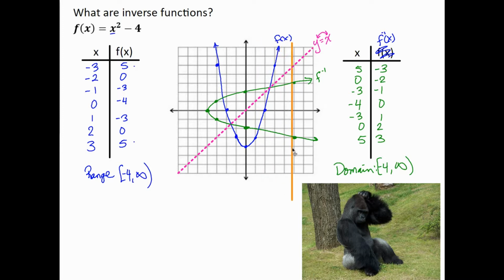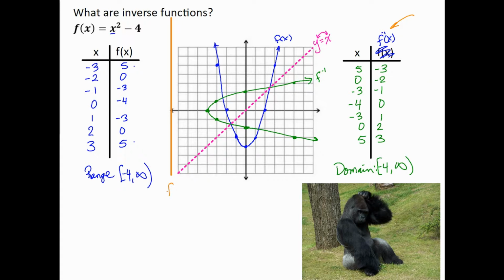So the horizontal line test helps us determine if the function has an inverse before we even start looking for an inverse. So that's why I said this notation over here for right here. That notation is actually not correct because it's actually not an inverse function.